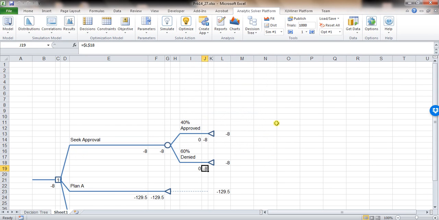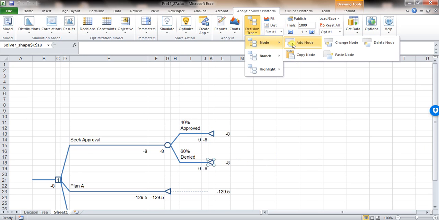So if it is denied, you have no other alternatives but to go with just one option, that is plan A.